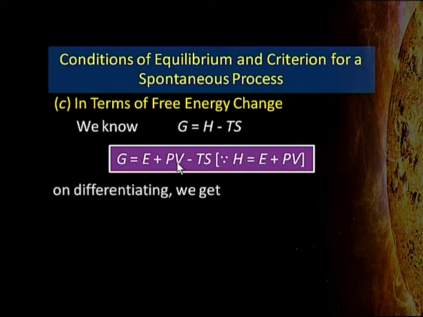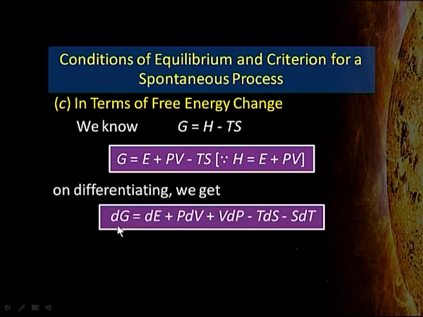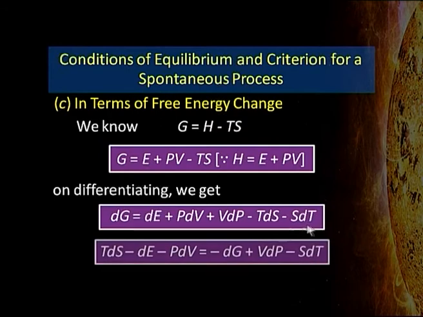On differentiating, we will get dG equal to dE plus PdV plus VdP minus TdS minus SdT. On rearranging, TdS minus dE minus PdV equal to minus dG plus VdP minus SdT.